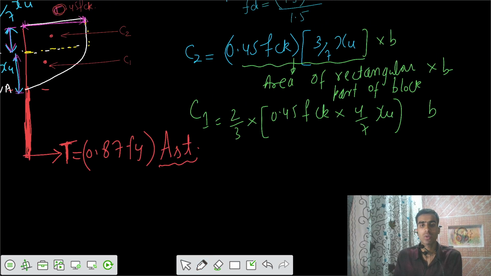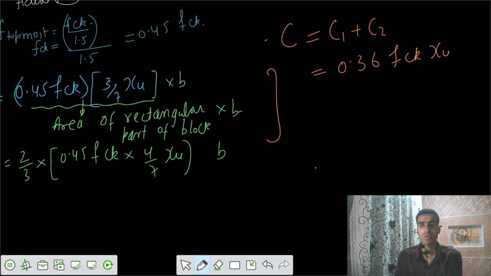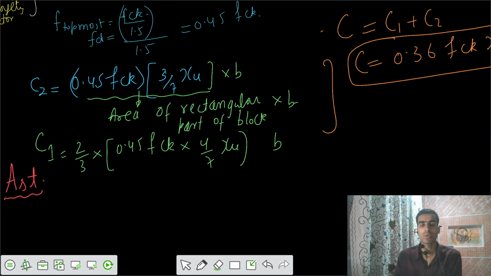Now what is the total compressive force C? That is C1 plus C2, and when you substitute those values you get 0.36 FCK B XU. So this is our total force C, that is 0.36 FCK B XU.